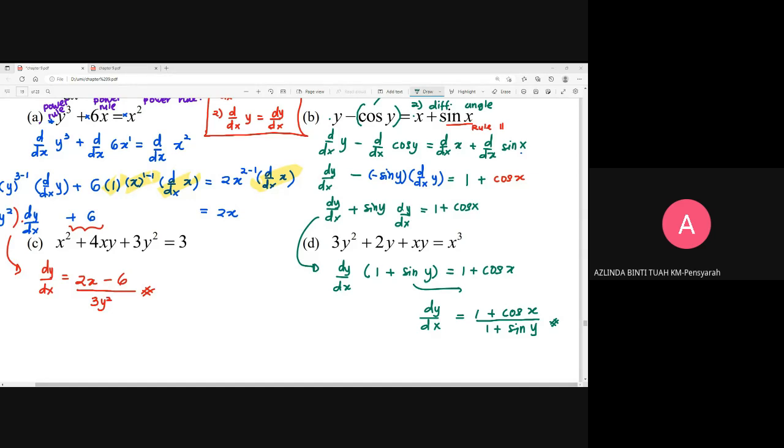Salah satu ciri pelajar cemerlang adalah pelajar tu selalu berani untuk volunteer dan banyak respon dalam kelas. Tak kisah dia respon betul atau tidak, tapi bila dia respon, dia fokus dalam kelas.